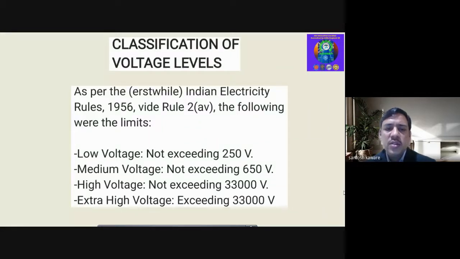High voltage is not exceeding 33 kV. Extra high voltage is more than 33 kV, up to 400 kV. And more than 400 kV comes under ultra high voltage.